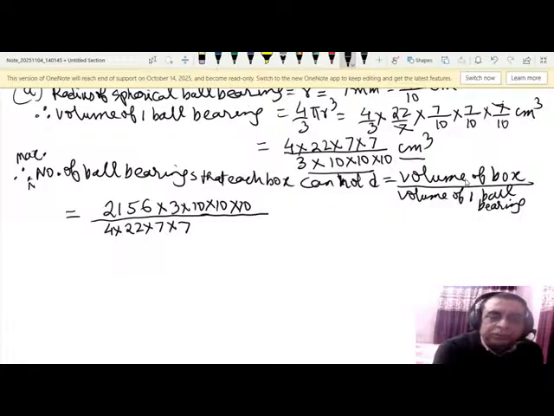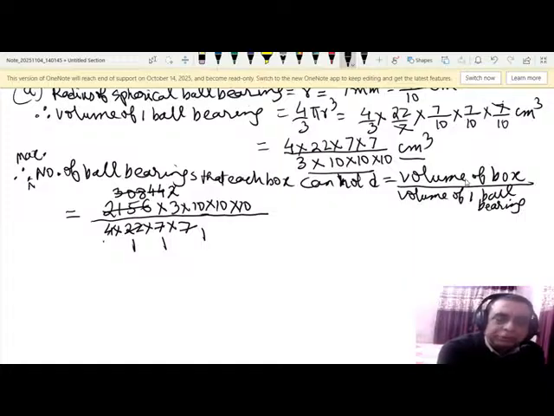So divide 2156 by 7. 7 divided by 7 is 1, and this number divided by 7 is 308. Again divide 308 by 7. 7 divided by 7 is 1, 7 times 4 is 28, carry 2. Again 4. So divide 22 with 22, 1, and 44 with 22, it is 2.